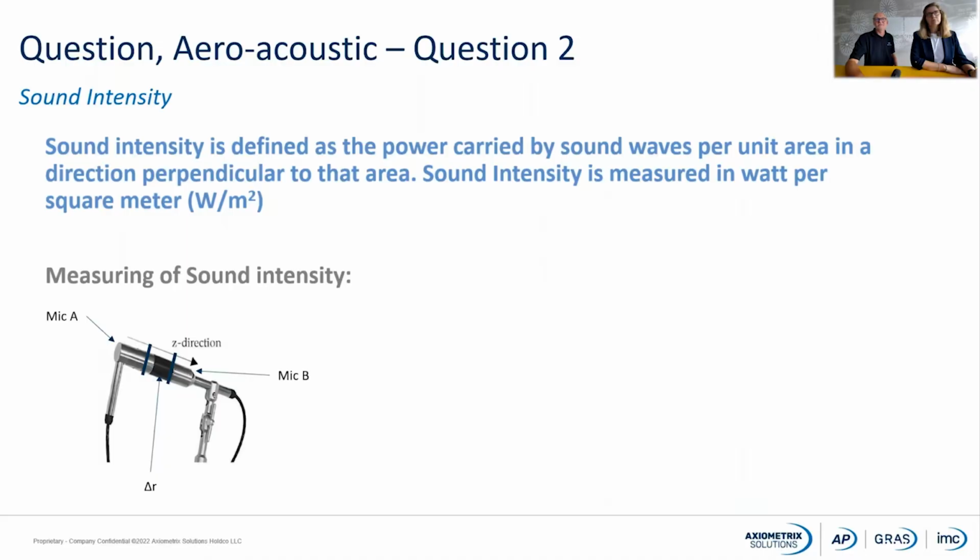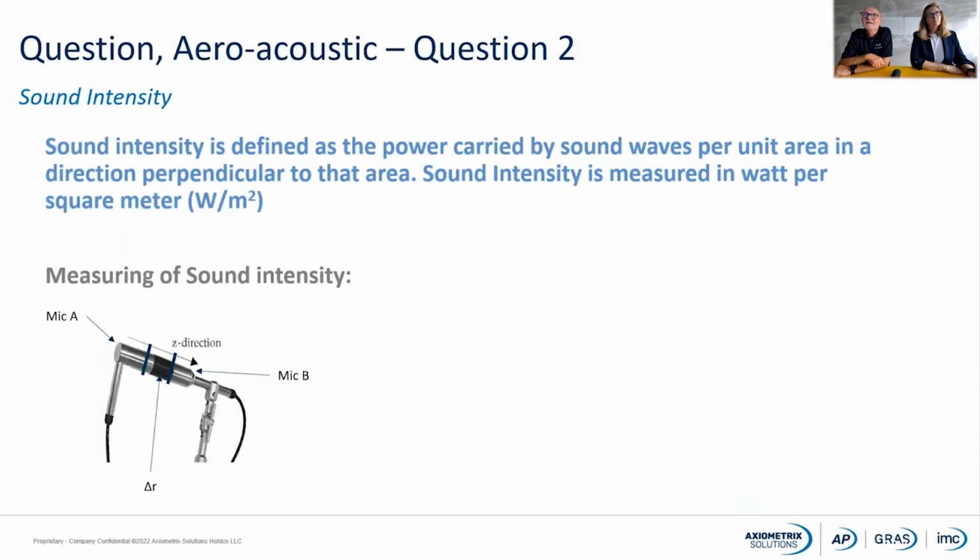A sound intensity probe consists of two measurement microphones. These two measurement microphones are paired together, so the microphones have the same sensitivity, and they have a very, very, very well-defined phase match.